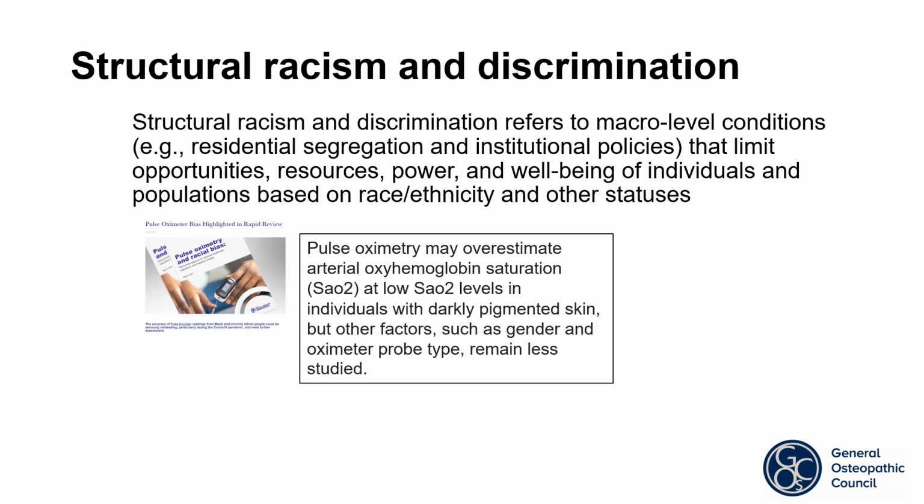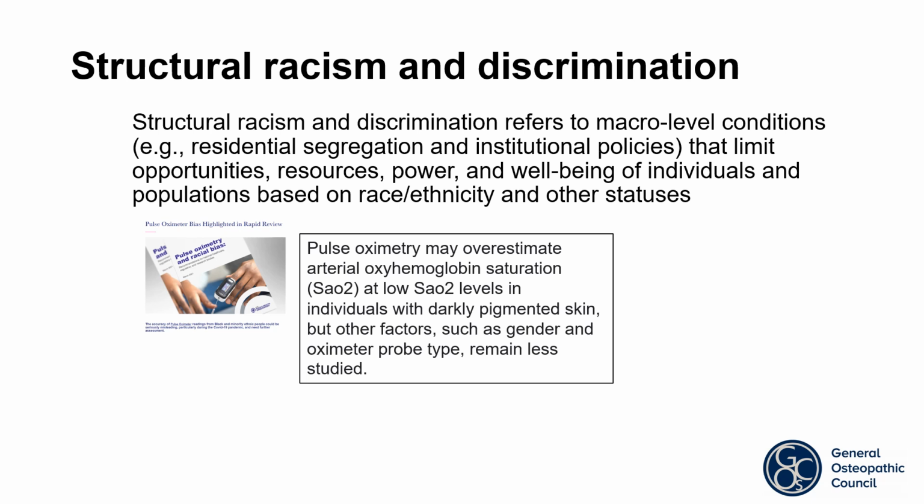So we have examples where in clinical practice during the pandemic, some people were using pulse oximeters, and there have been instances where there was a lack of awareness or lack of knowledge that the reading on a pulse oximeter for somebody with dark skin or black skin like mine, for example, would not be accurate.